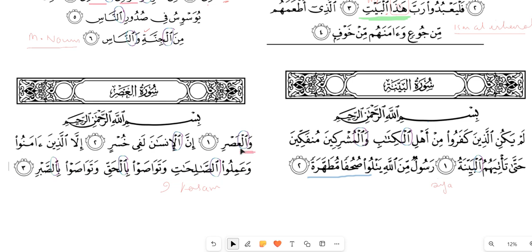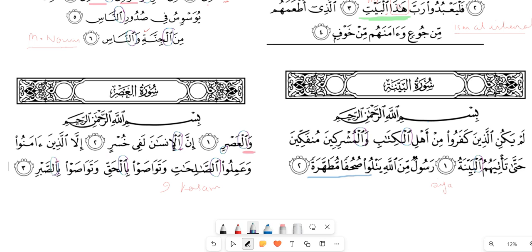How do I know it's a waw al qasm? The noun after that has a kasra here. So this is waw al qasam here. And then innal insana, it's marifa.